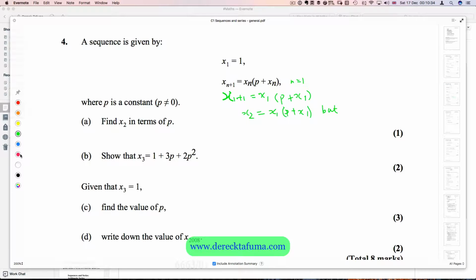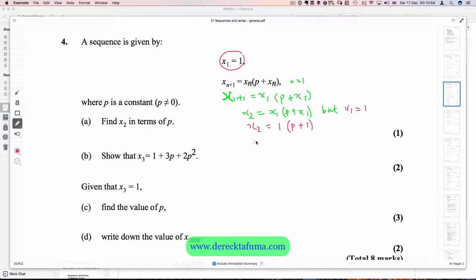But we know that we're given x1 is equal to 1 from this relationship. That means x2 is equal to 1 bracket p plus 1.